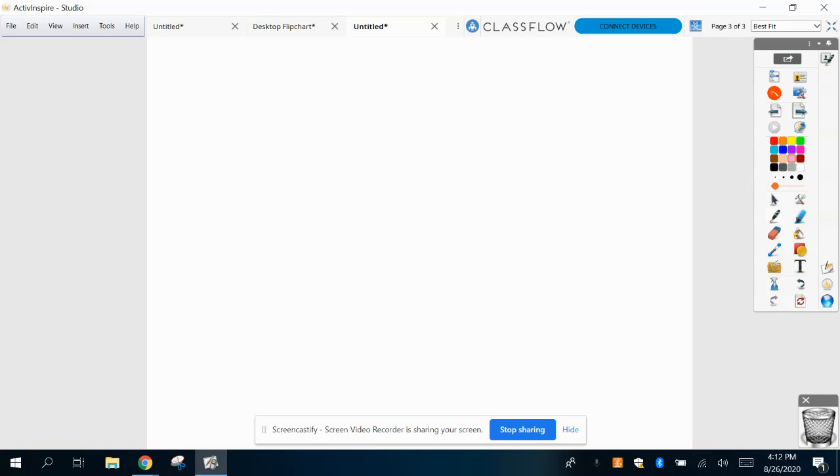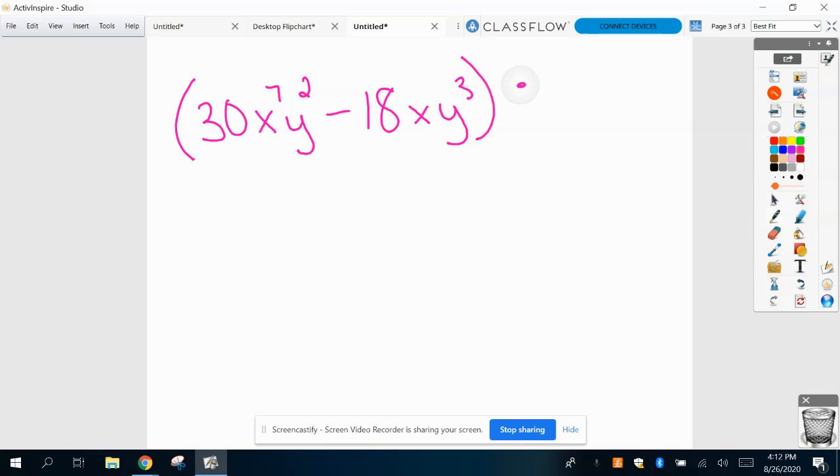Now, just like with any division, the numbers don't always have to be super perfect. So let's say we have something like 30x to the 7th y squared minus 18xy to the 3rd.